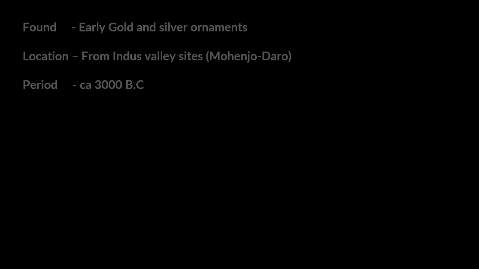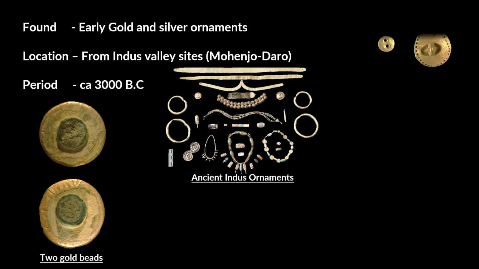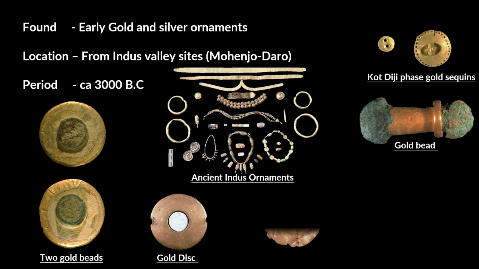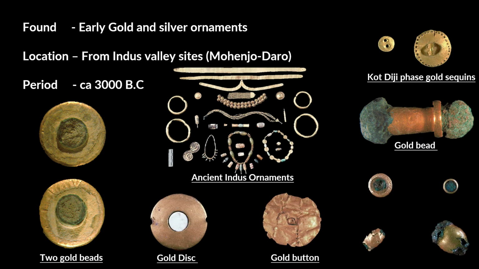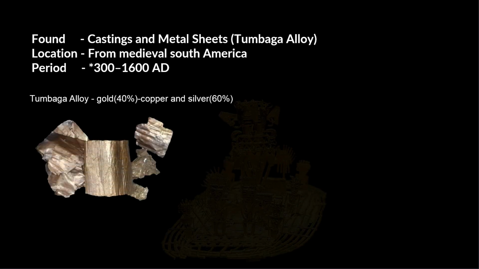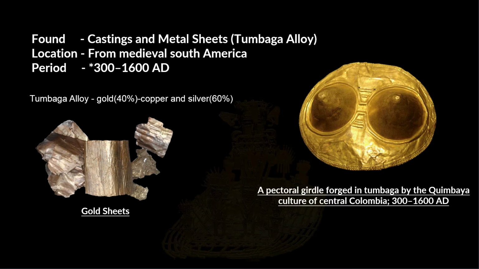The early gold and silver ornaments were found from the Indus Valley sites of Mohenjo-daro in 3000 BC. The castings and the metal sheets were found from the medieval South America from 300 to 1600 AD.